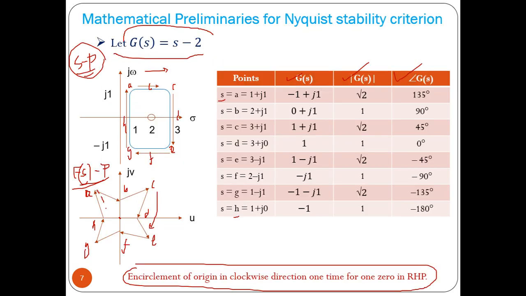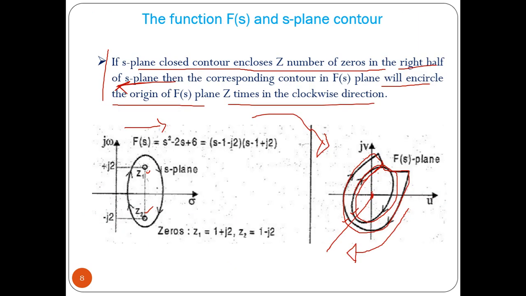That is the point you have seen here. I have shown this only for one 0, but you can take two zeros, calculate and find out. We will get two encirclements in the clockwise direction. If we have Z number of zeros, the encirclement should be Z times. So one 0 gives one time, two zeros two times, three zeros three times, and so on.